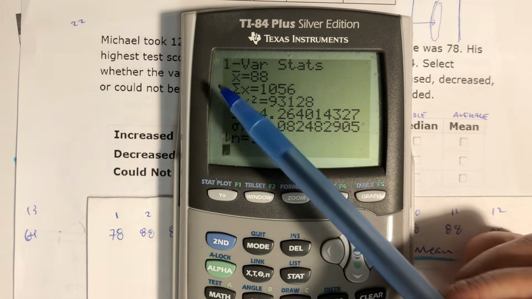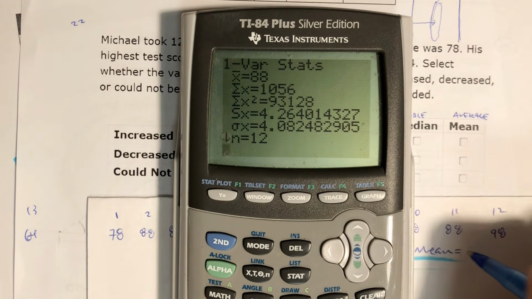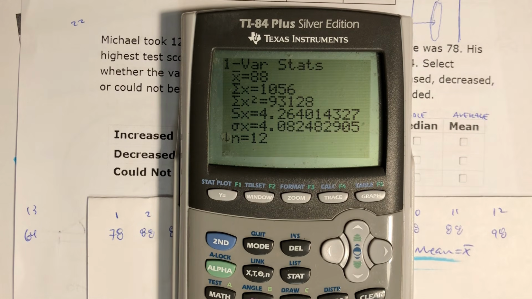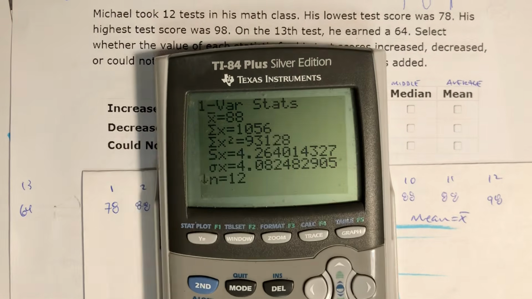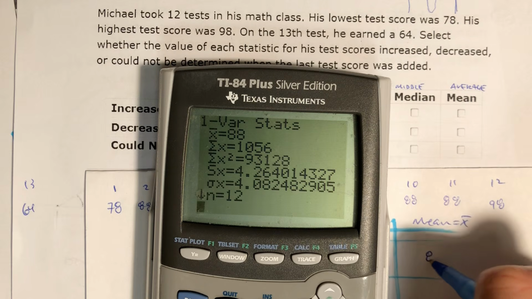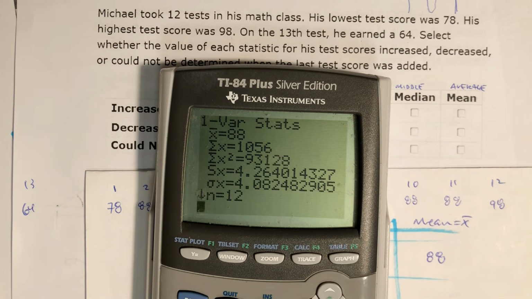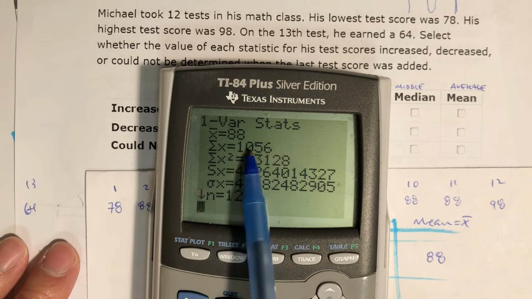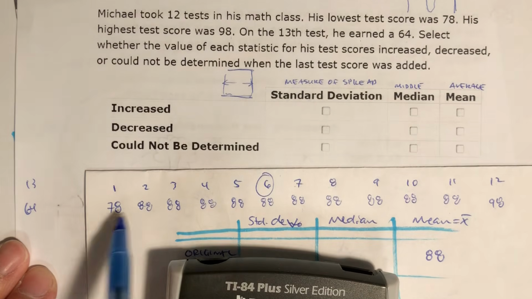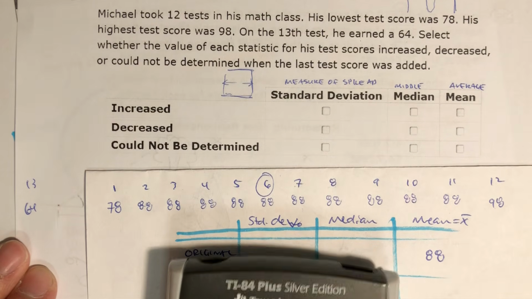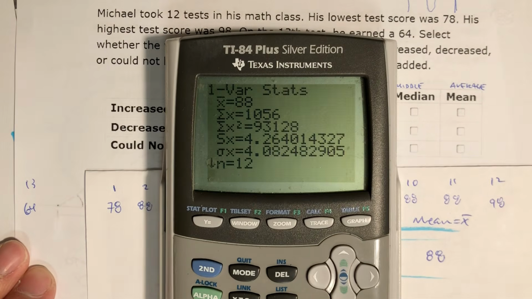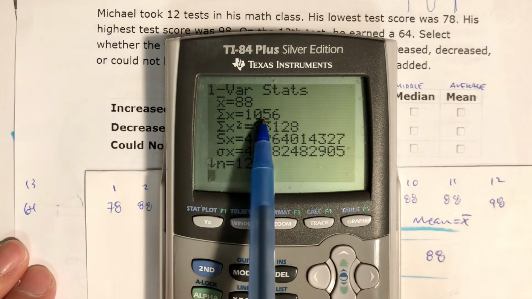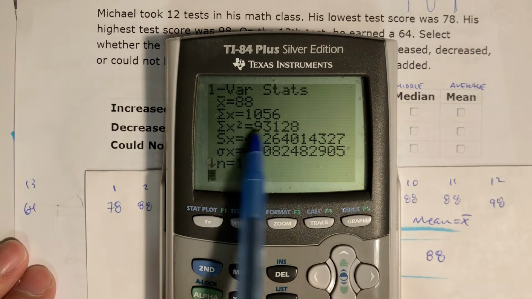Okay. X bar is your mean. So that'll be 88. The average is 88. This is the summation of all the numbers. So if you added all the test scores from 1 to 12, that would be 1056. If you took this list and just squared it, you would get this number.